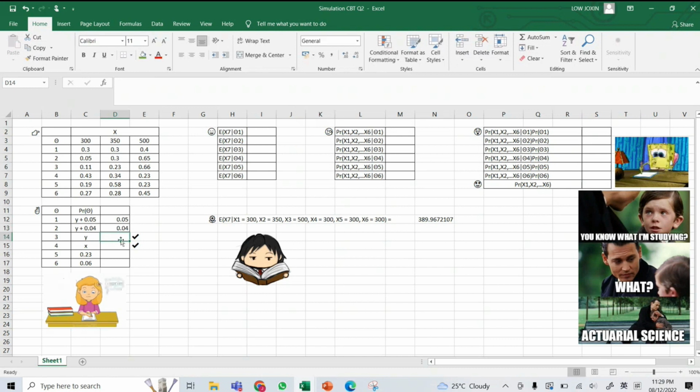And this will be y. And this is 0.023. And the last one is 0.06. And we know that the total of these 6 should be equal to 1. So we can write here, x is equal to 1 minus this, and this, and this, and this.